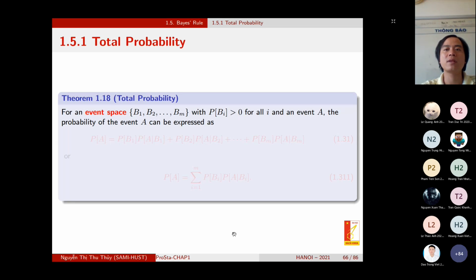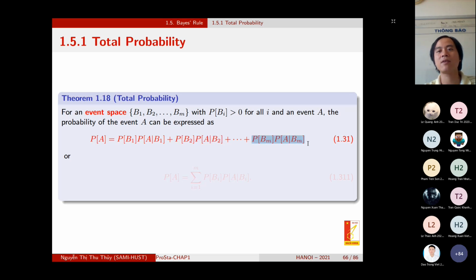So we can compute the probability of event A by conditioning on each part. Formula 1.31 says that to compute PA, we can compute PB1 and multiply by PA given B1. Then we compute PB2 and multiply by PA given B2.